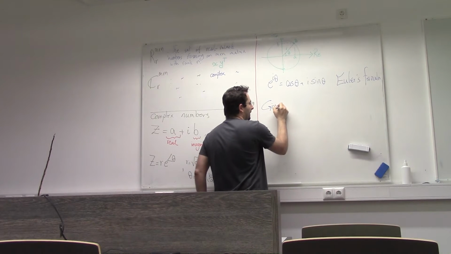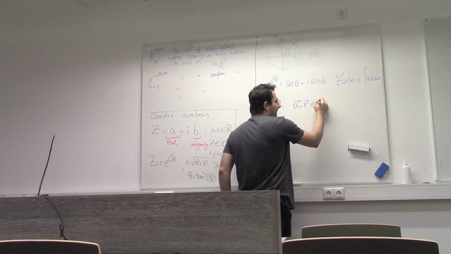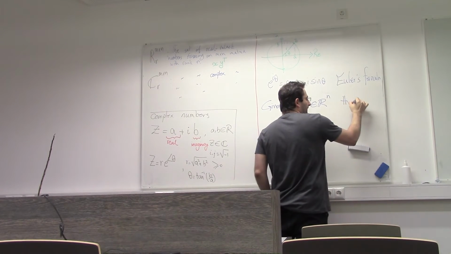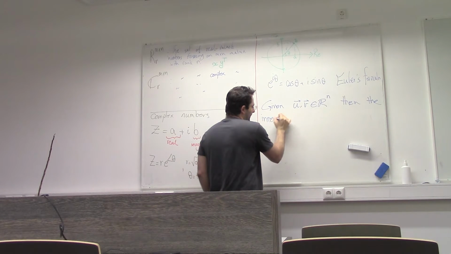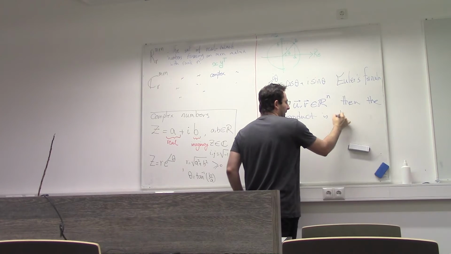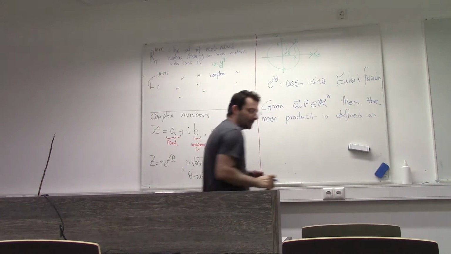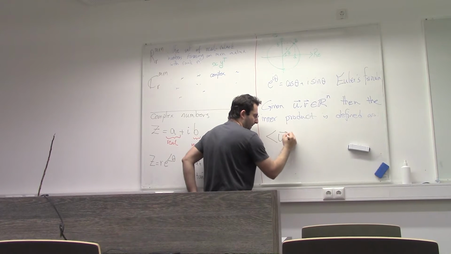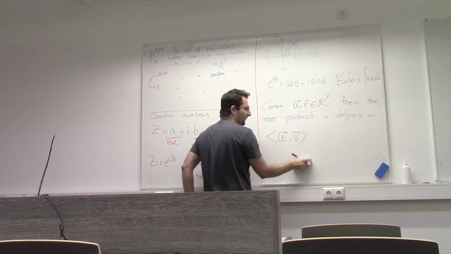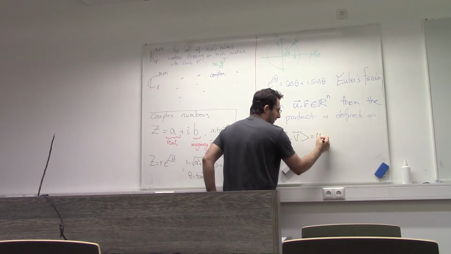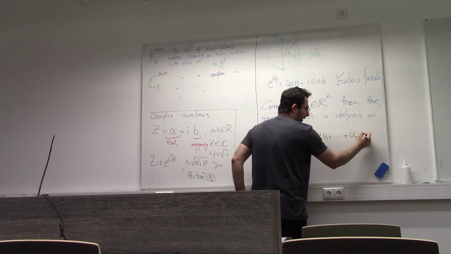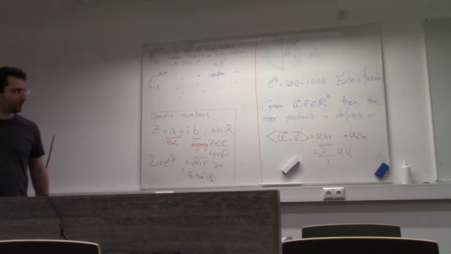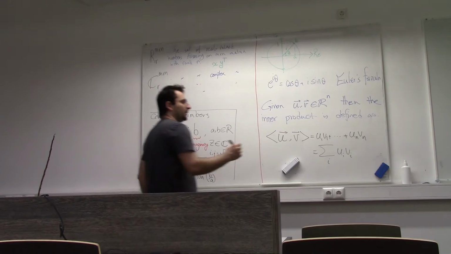Given u and v column vectors in Rn, the inner product is defined and we represent it with this notation, and it is u1 v1 plus ... plus un vn, or the summation of the ui vi's, where i starts from 1 to n.